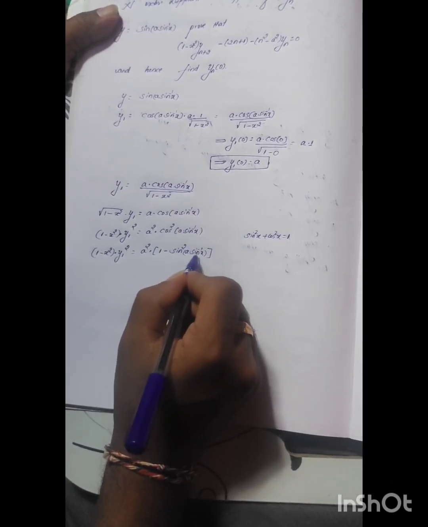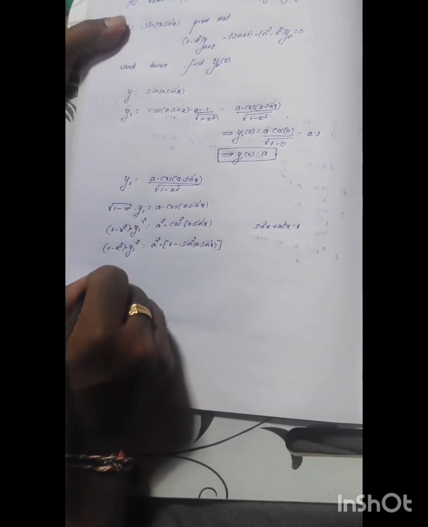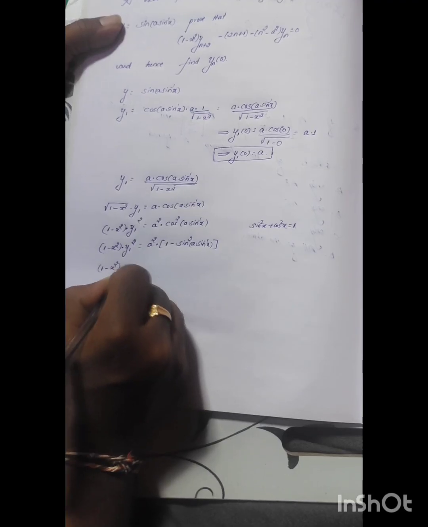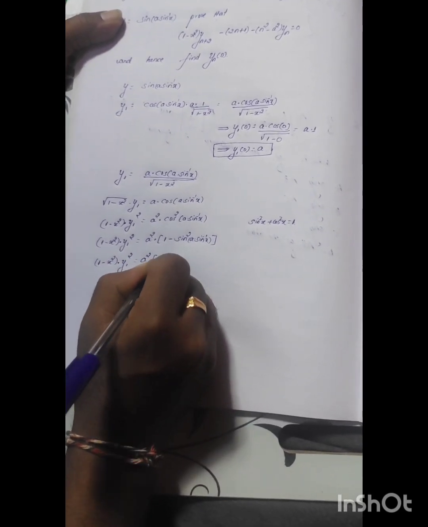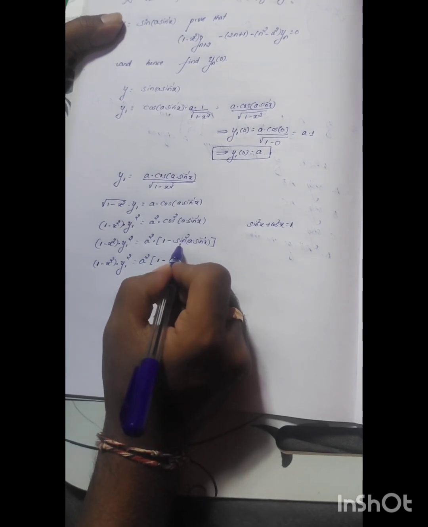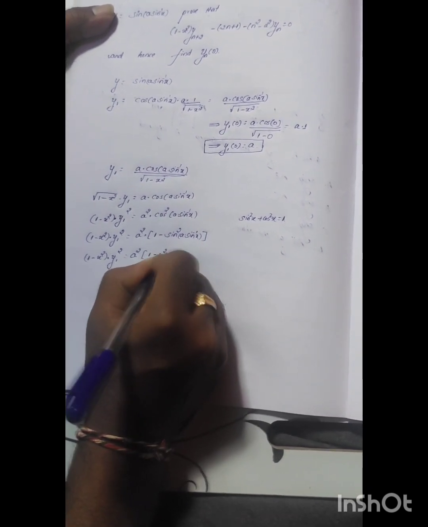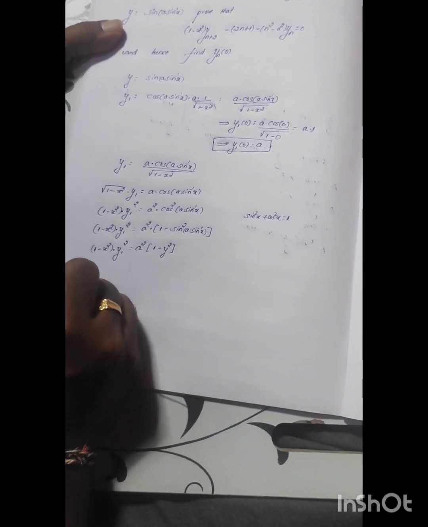So the whole square of sine of a sine inverse x is nothing but sine square of a sine inverse x. So 1 minus x square into y1 square will be equal to a square into 1 minus y square. Now differentiating this with respect to x again, we will keep the first function as it is.